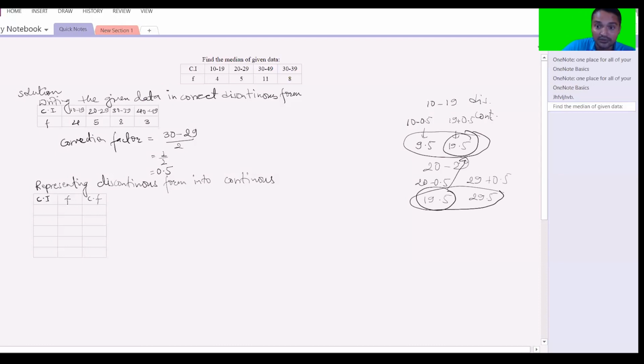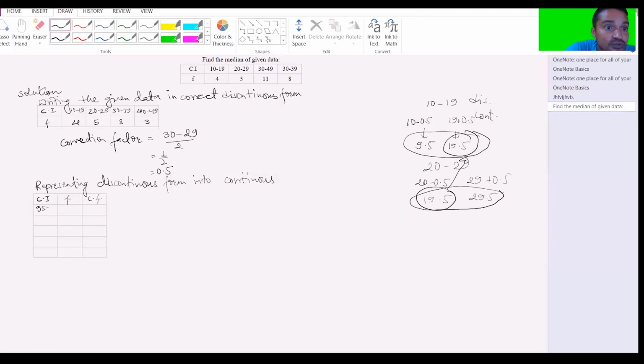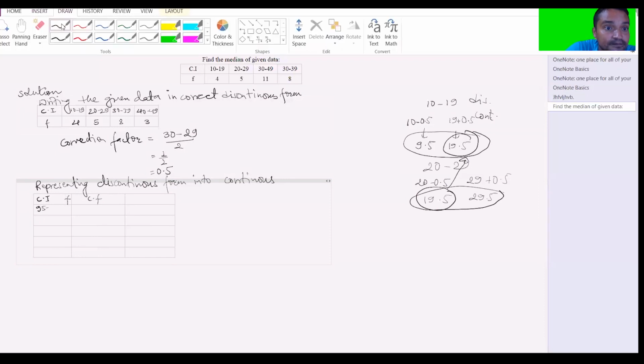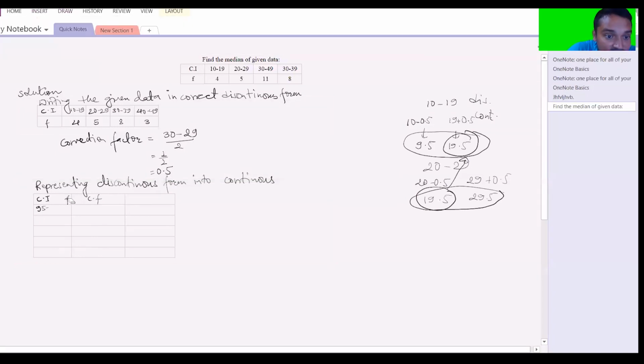Okay, we need to do it this way. The first one will be 10 minus 0.5, it is 9.5, till the second one. I need to extend this part like this, it will be easy. I need to erase this part.